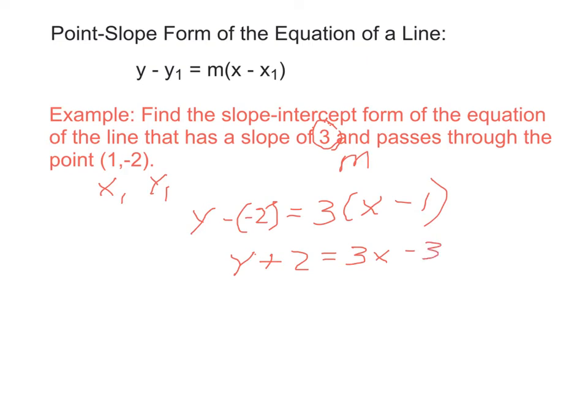And if we want to continue to go to the slope-intercept form, we can subtract 2 from both sides, and we get y equals 3x minus 5. So there's the equation in slope-intercept form of the equation of the line that has a slope of 3 and passes through the point 1, minus 2.